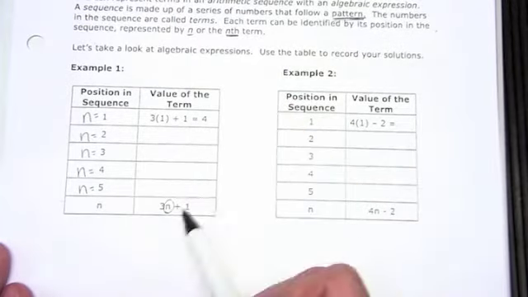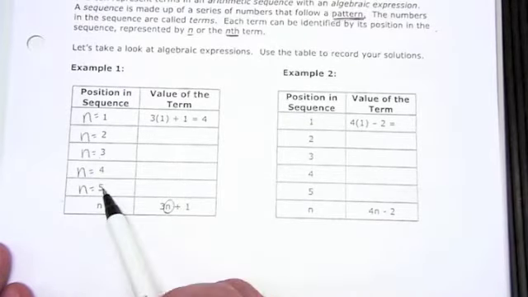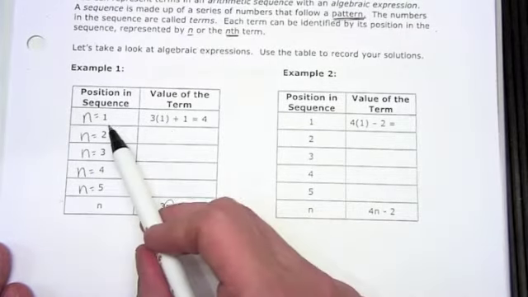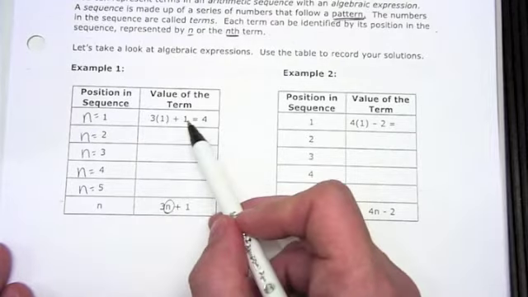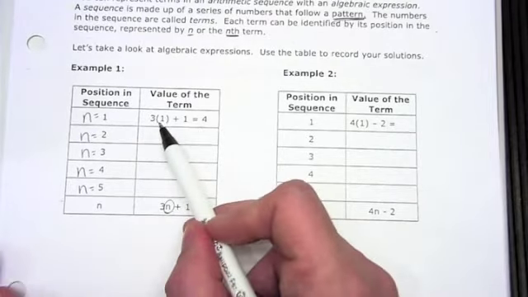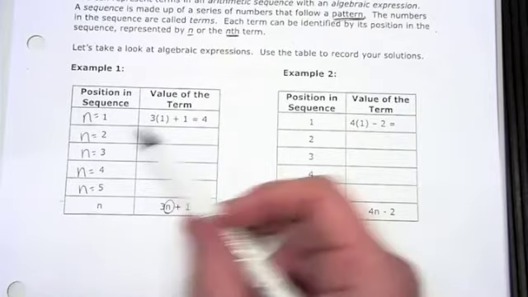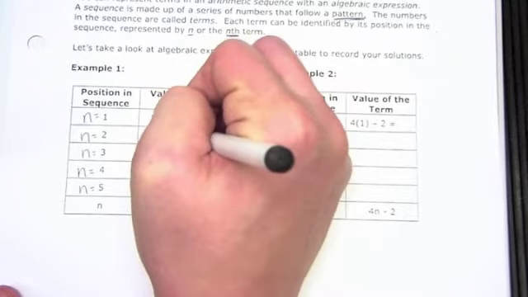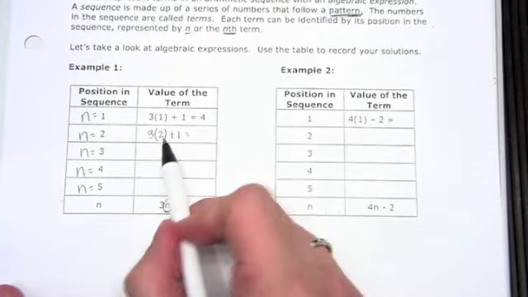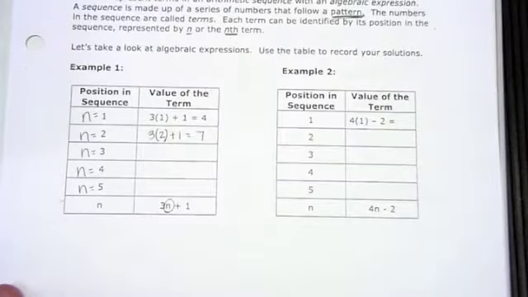So everywhere there's an n, we're going to plug in our position. So for n equals 1, we plugged in 3 times 1 plus 1. 3 times 1 is 3, plus 1 is 4. For n equals 2, we would plug in 3 times 2 is 6, plus 1 is 7.